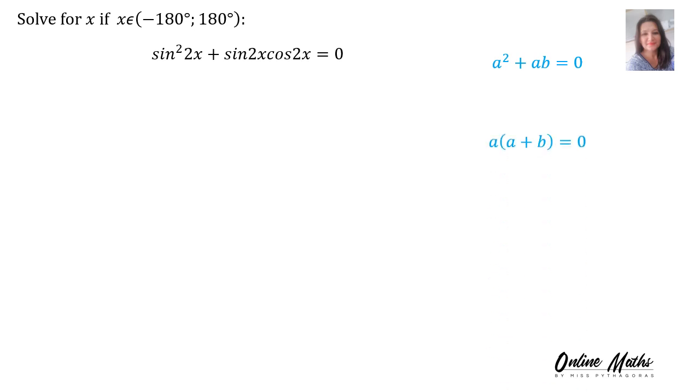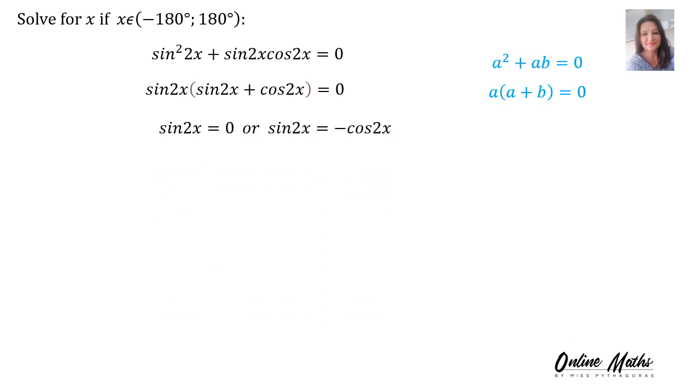And you can take out a as a common factor in algebra, and you're left with bracket a plus b is equal to 0. So back to the trigonometry, you can pull out sin 2x as a common factor, and you're left with bracket sin 2x plus cos 2x is equal to 0.